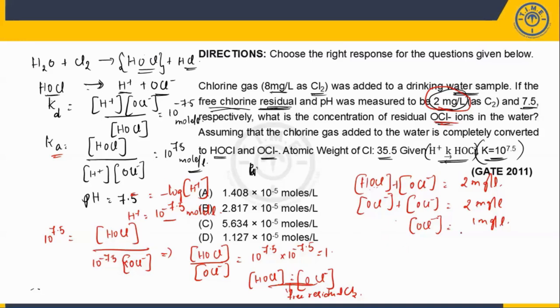But I don't want it in mg per liter. I want it in moles per liter. So how are you adding chlorine?